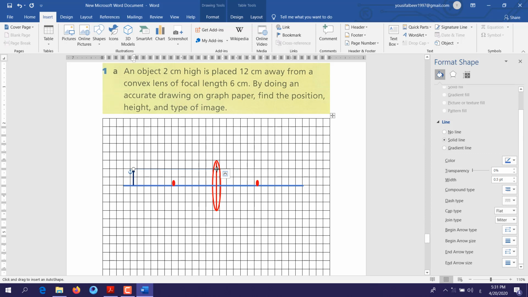It will bend. When it bends, it should bend in this direction. The line should pass through the principal focus.